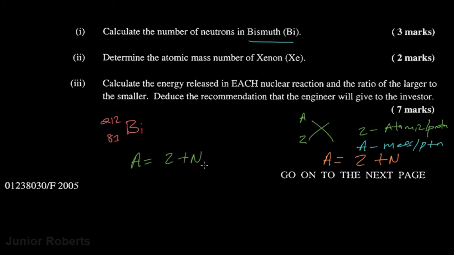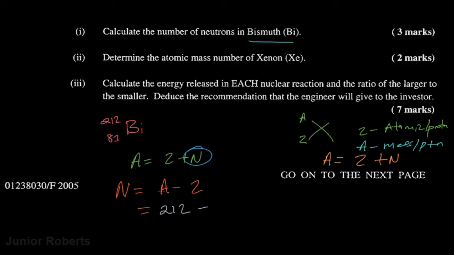We're interested in finding N, the number of neutrons. So we can rearrange this equation to make N the subject, and we get that N is equal to the mass number minus the atomic number. Our mass number is at the top, so it's 212, minus the atomic number, which is 83.